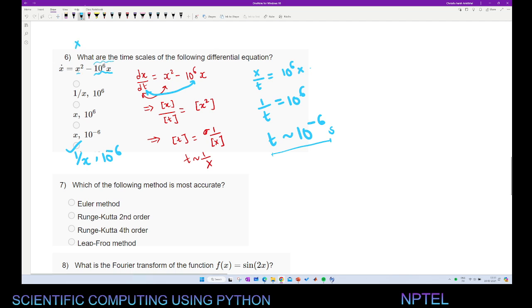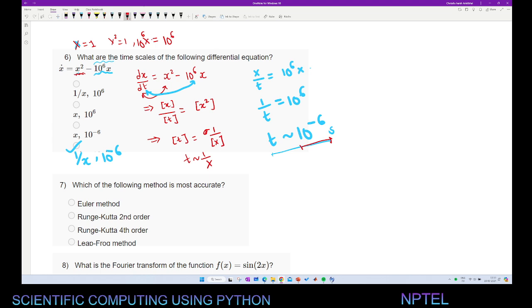Let's say x is 1, then x square is 1, but this other term 10 raised to 6 into x will be 10 raised to 6. So it's almost like you can neglect this. This can go on up to this many seconds. Okay. After that, your x might reach some level where this term dominates, or that also becomes important. Okay, so that's the idea.